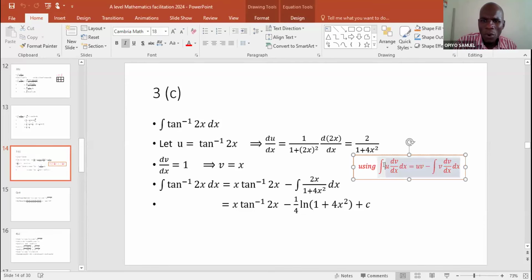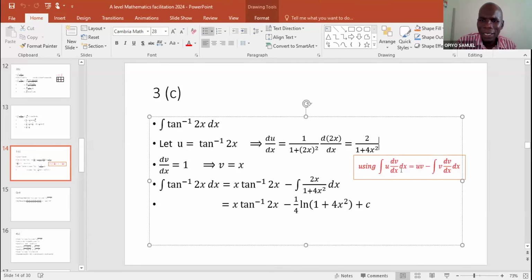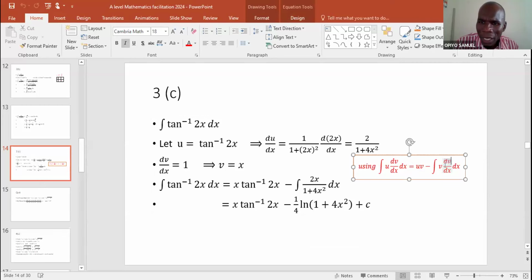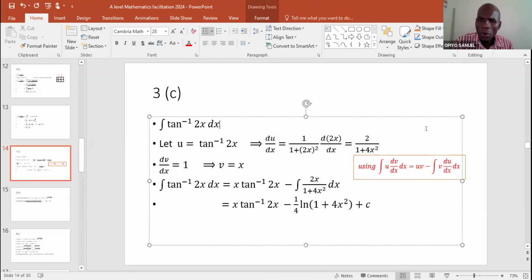Like here I have u, see this formula in red? We have u, then dv by dx, and it's given by uv minus integral of v du by dx times dx.